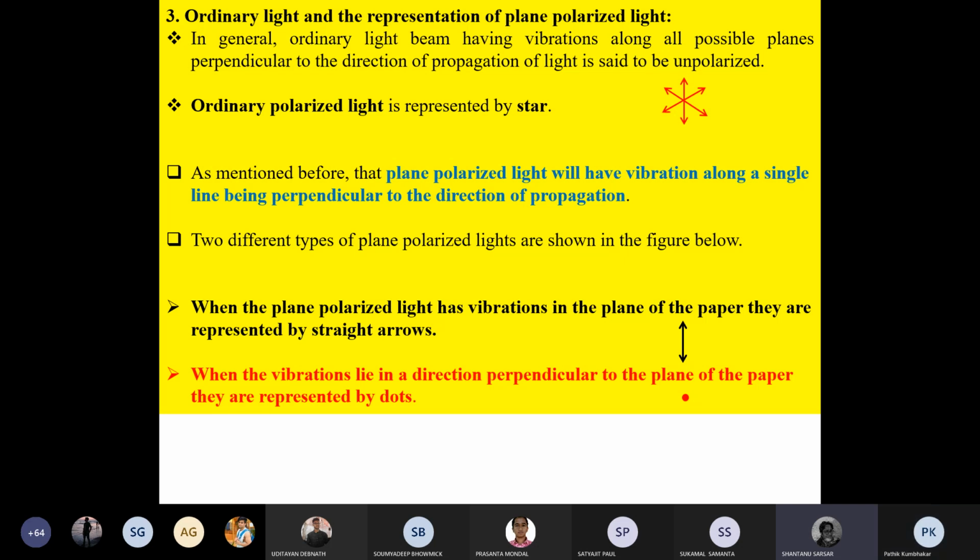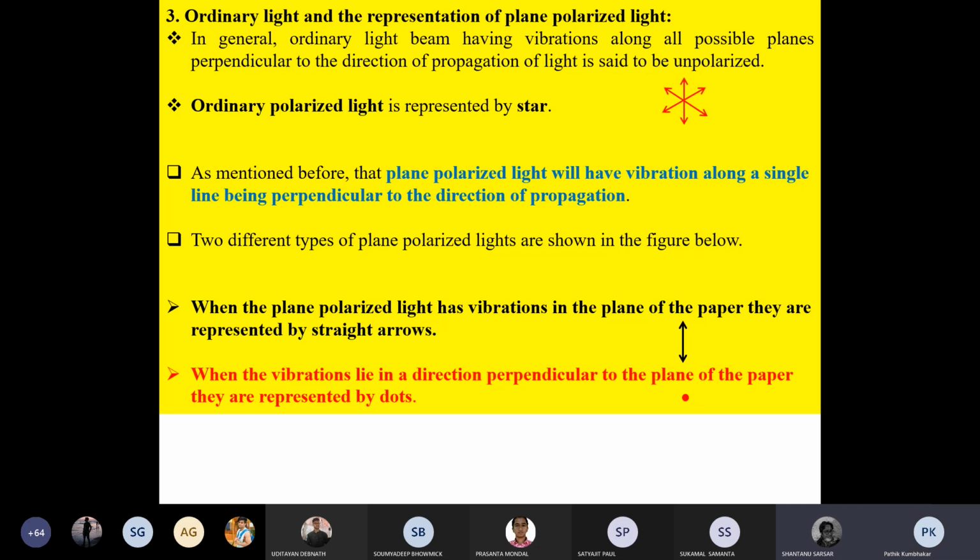Now, when the plane polarized light has vibrations in the plane of the paper, they are represented by a straight arrow. For example, if the vibrations are in the plane of the screen, then it will be designated by an arrow. Or when the vibrations lie in a direction perpendicular to the plane of the paper, they are represented by a dot.